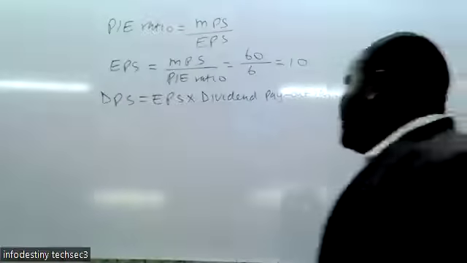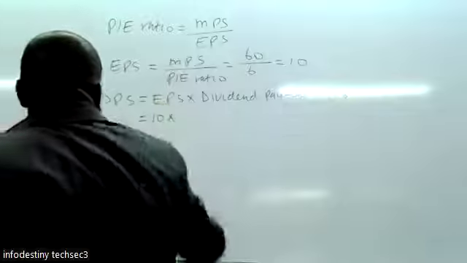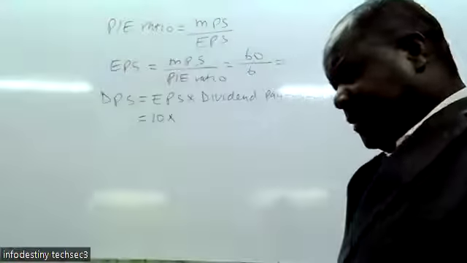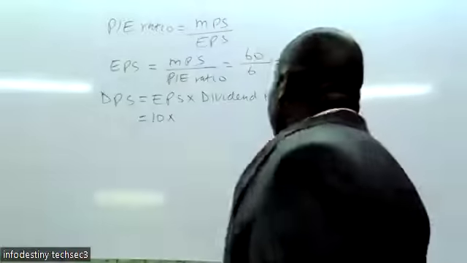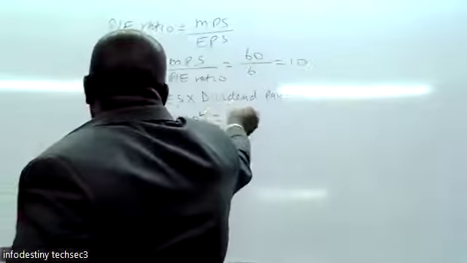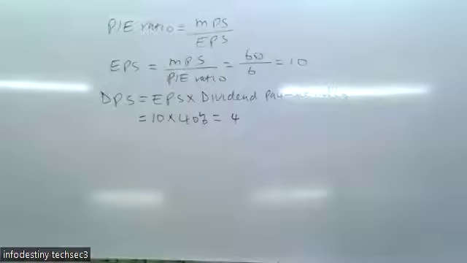So earning per share is given as 10. Dividend payout ratio is given as what percent? Yes, 40%. So we get 40% of that. This should give us which figure? So that is now the approach for this question on how you are to get the dividend per share.